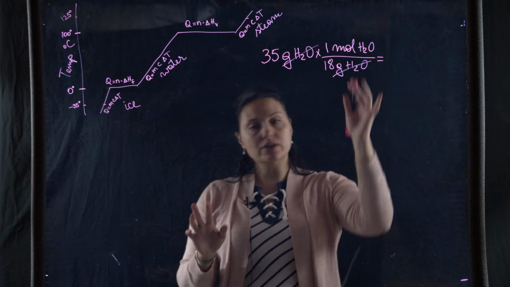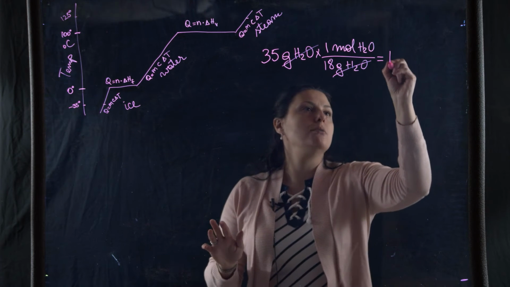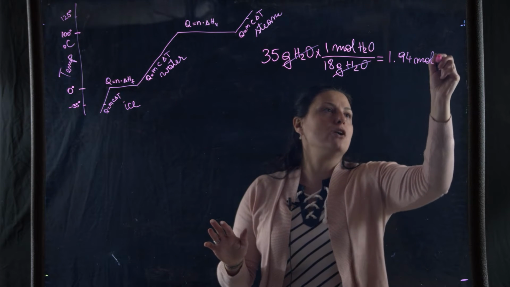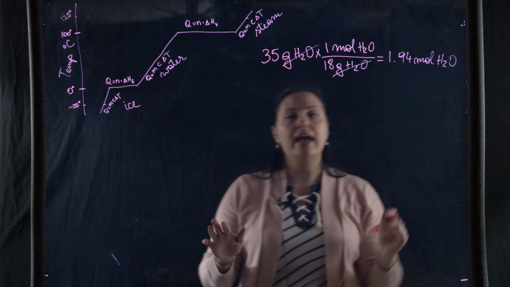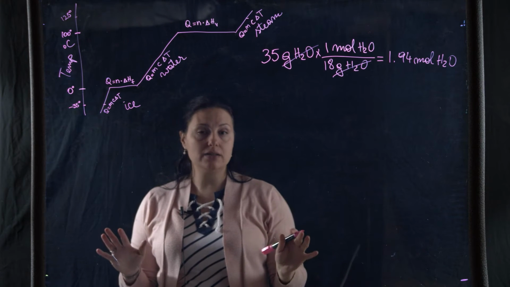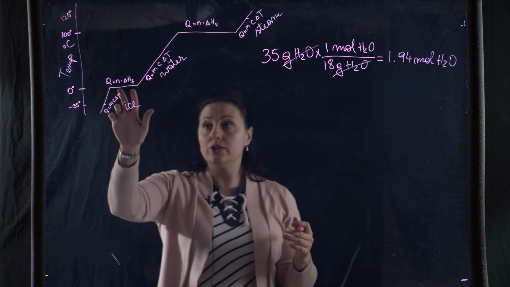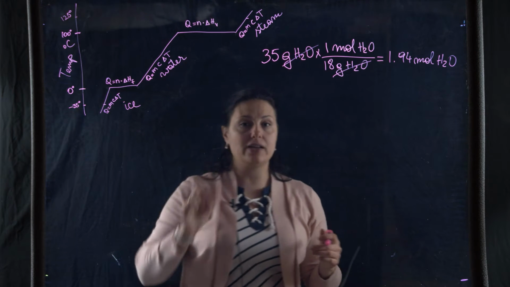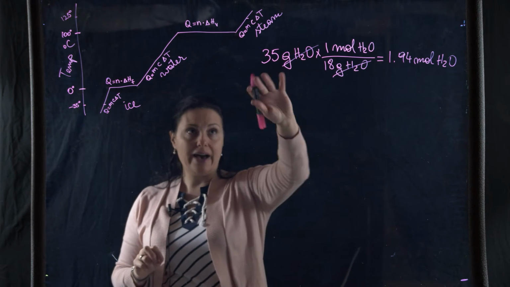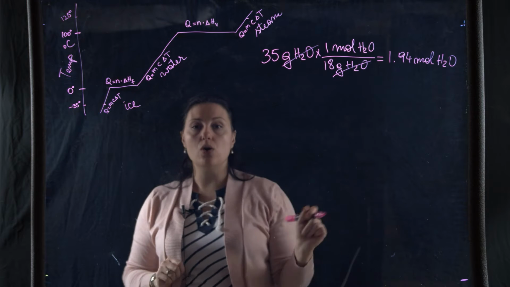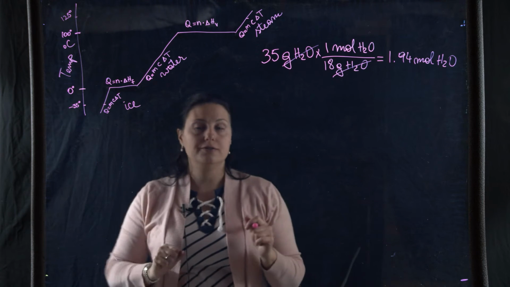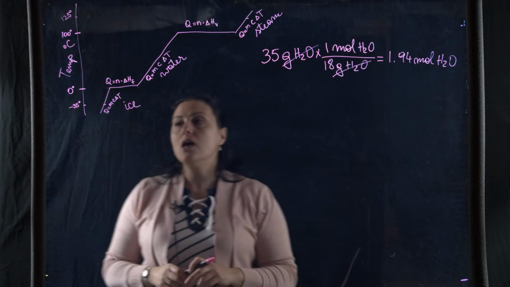This is going to be about 1.94 moles of water. Now that I have all the values I need: if you're going to use these formulas for the plateaus, you have to convert your mass in grams into moles. You're going to be using both depending on which part of the curve you fall on.